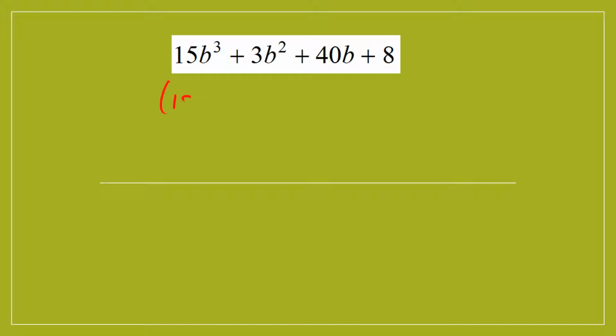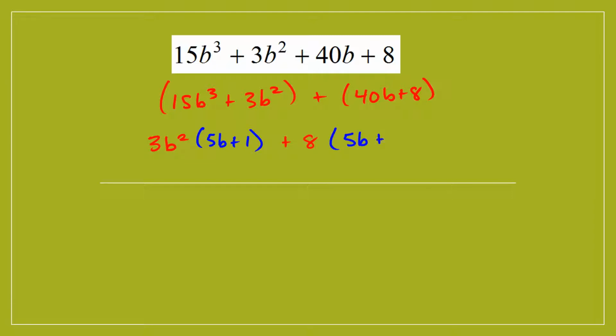We have to be really good at this factoring by grouping before I can teach you how to use this to do trinomials. So we got our 2 groups here. We'll separate them with a plus. Out of this first group could come a 3b squared, and I'd be left with 5b plus 1. And out of this other one could come an 8, and I'd be left with 5b plus 1.